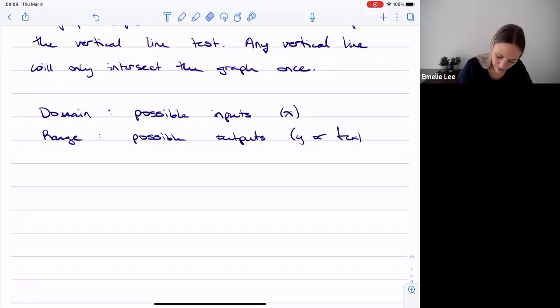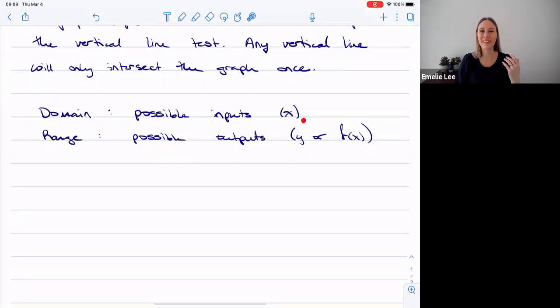I want you to get in the habit of reading those two interchangeably, y or f of x. Because I know when you read f of x, it can be a little bit boggy. So if you just read it in your mind as y, then all of a sudden things become easier. But y depends on an input of x, so y is a function of x, and that's why we would use this function notation. But for readability reasons, I like to just think of it as y.